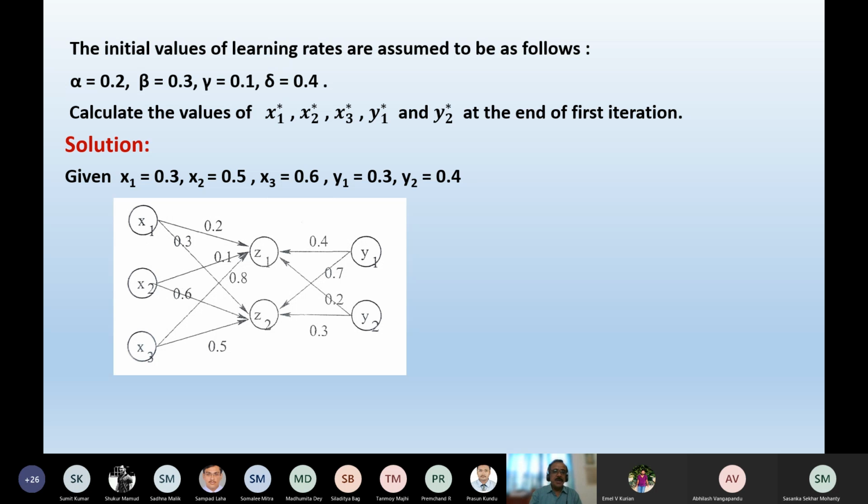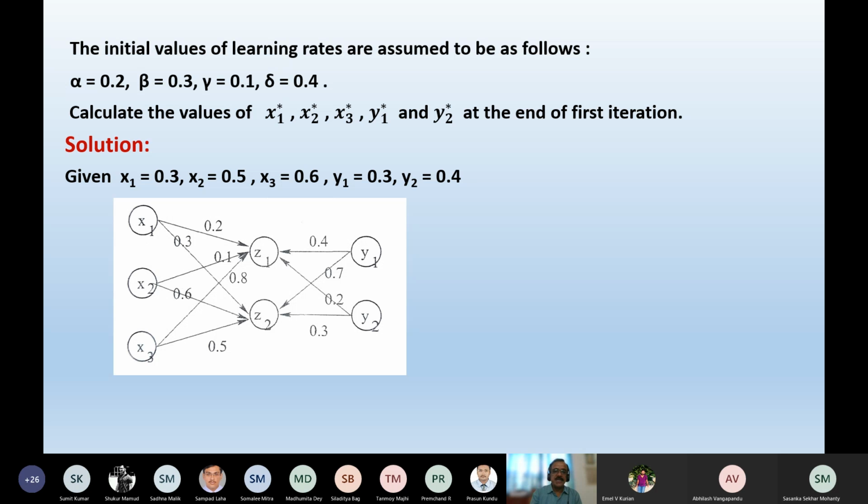It is very simple. So once again, I'm considering the in-star model. You can see that these are the x inputs, these are your y inputs, and this is the hidden layer consisting of two neurons Z1 and Z2. And I have written all such connecting weight values here, which are selected at random using the random number generator.